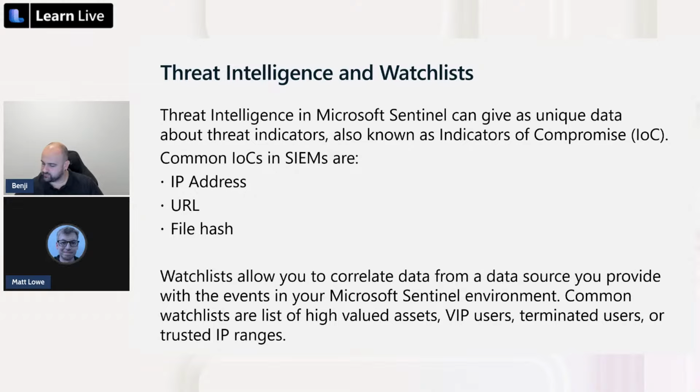So what I mean by that is if I have, say, a CSV file of trusted IP ranges or VIP users in my environment, or if I want to map which users are using which devices in my environment, I can create a CSV file or a JSON file of that information and then load it up into Microsoft Sentinel into a watch list.